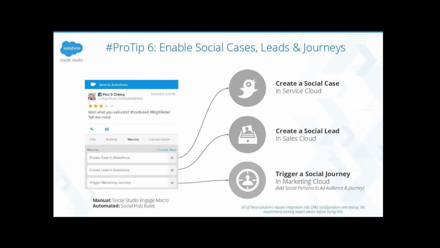Suddenly, someone who is an advocate for you in social, you say, okay, I'm going to put them into an advocate journey. And then they go through and get offers and bonuses and refer a friend campaigns, whatever it is you think. So pro tip 6, this is one I'm particularly excited about.